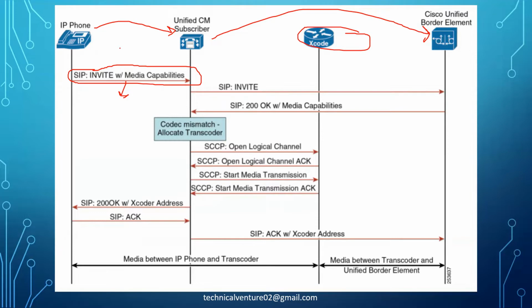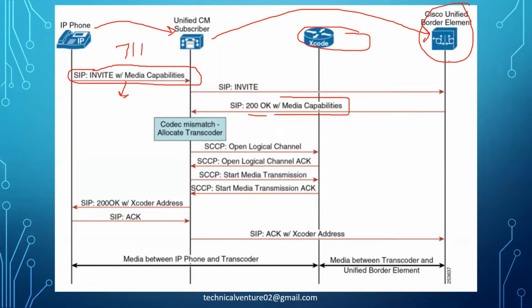So just say this INVITE sends a G.711 codec, and now this Unified CM subscriber sends a SIP INVITE to this CUBE. And this CUBE sends the response in a 200 OK, and it contains its media capabilities.